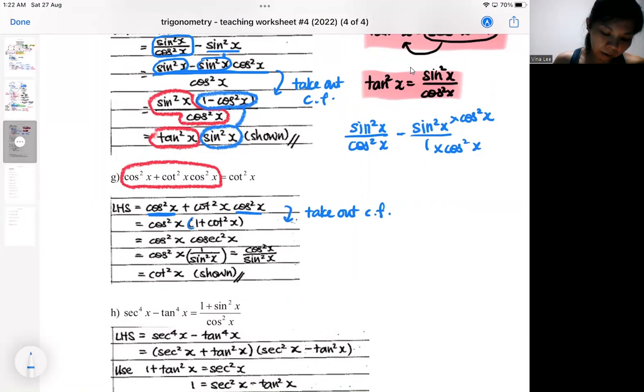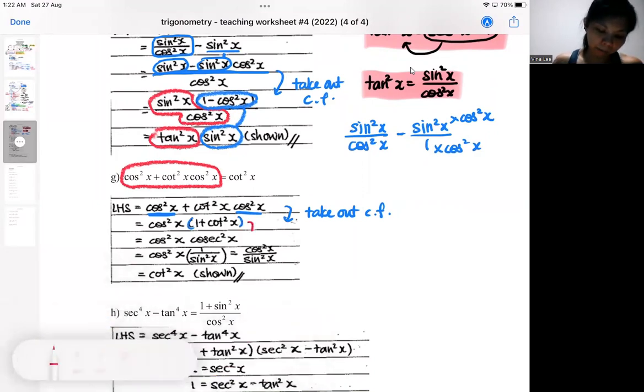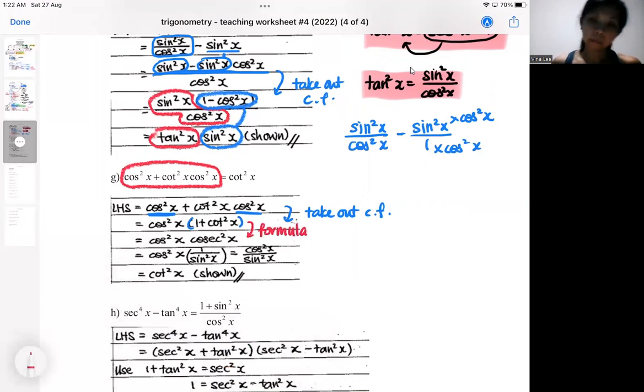After I take out a common factor, another thing is to realize that this is a formula. And after you realize that, in fact, this is another formula. Where does the other formula come from? Remember just now, this is cosecant. If it's a square, you just square everything, and then I end up with cotangent square.